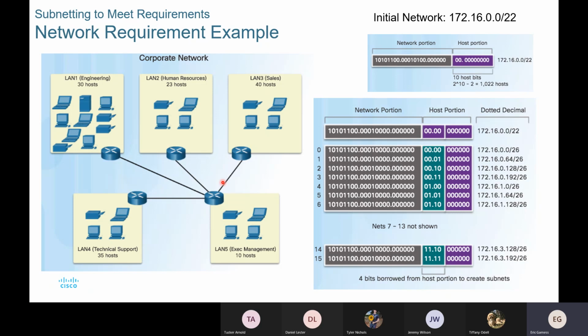Of course, I have 64. I'm wasting a lot of IP addresses because I oversized the network here. The number of IP addresses that I will have in this network is too big. Since it's too big, I'm wasting IP addresses, okay?